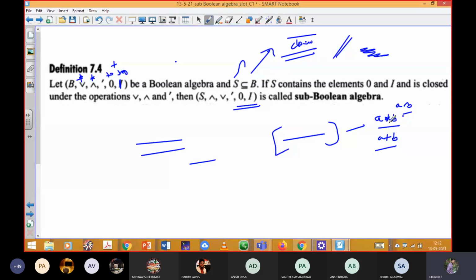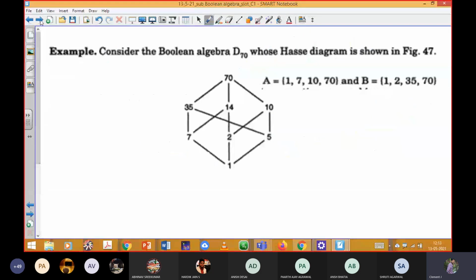Now in the next slide, we can check whether the given sets, A and B, are sub-Boolean algebras or not. Here they have given the set D70, that means divisors of 70. In the question itself they have drawn the Hasse diagram for the divisors of 70.